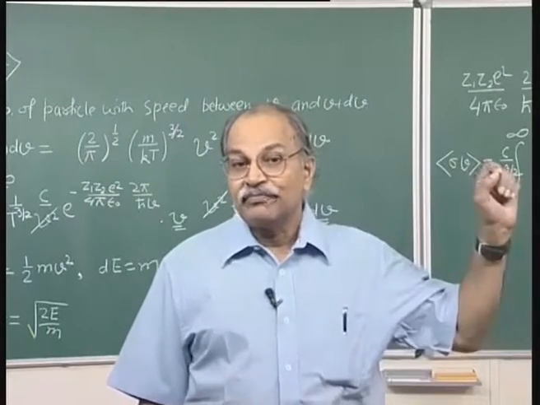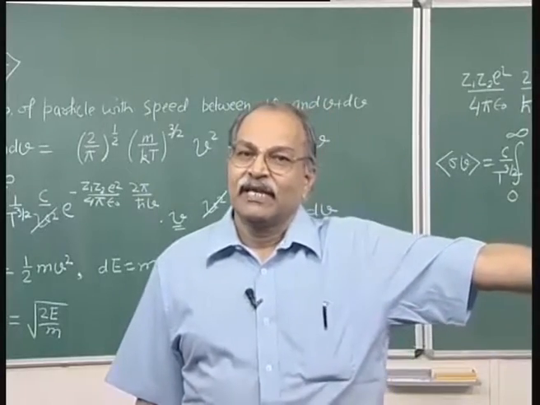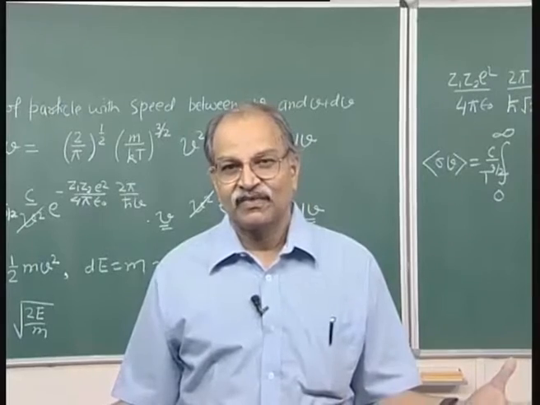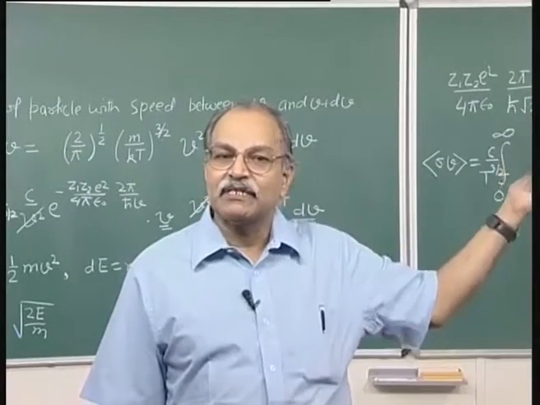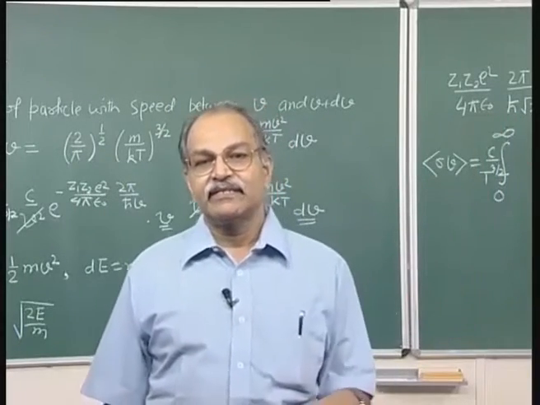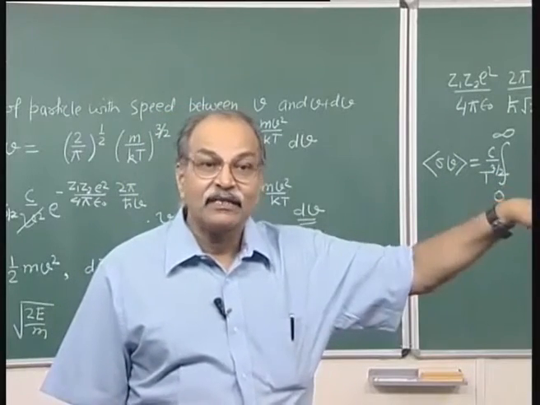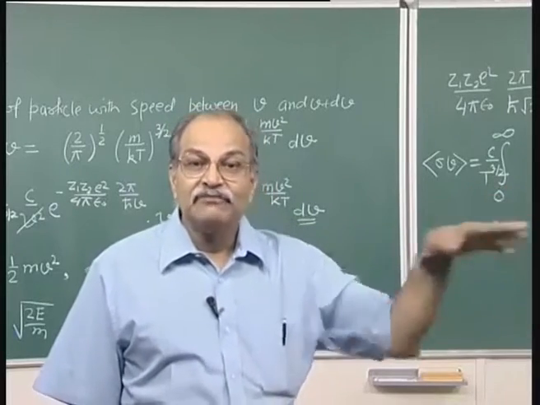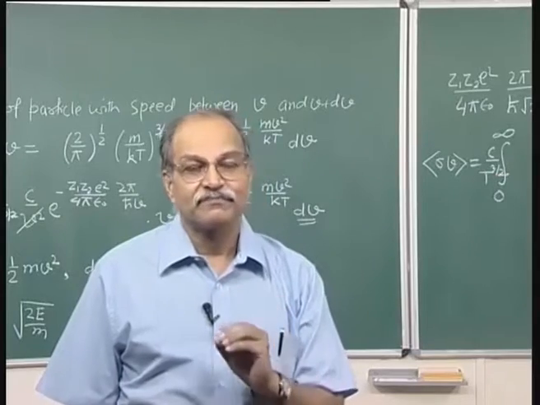But now, I am taking care of that Maxwellian tail, that Maxwellian distribution, and therefore, I am integrating capital E from 0 to infinity, the initial kinetic energy going from 0 to infinity. So, we are taking care of all those large speed pairs also, even though the average kinetic energy remains a few kilo electron volts.